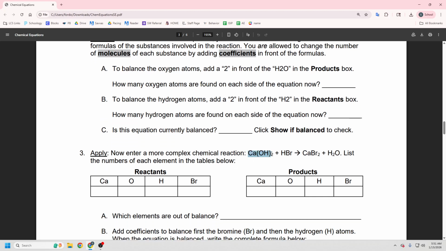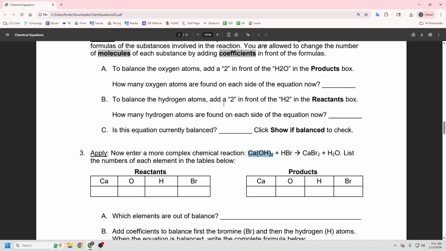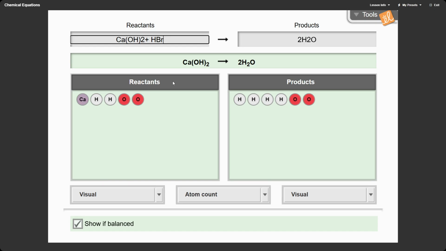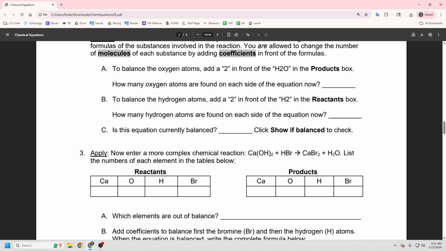I would copy this, Control C, delete your old reaction, paste it in, hit enter. Oops, forgot this part. Control C. And then the second part, the products.